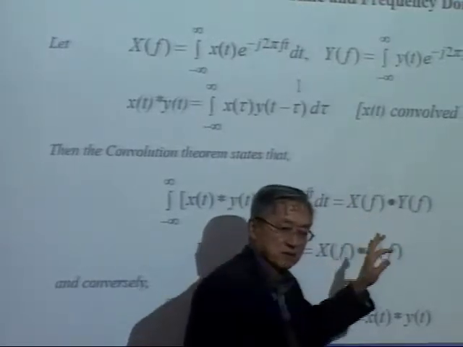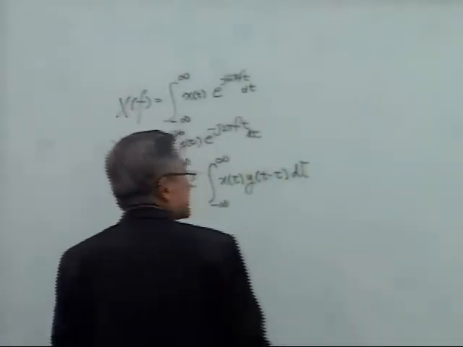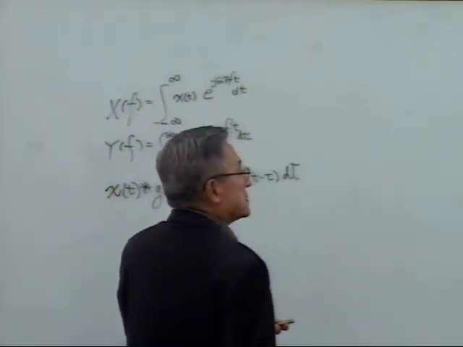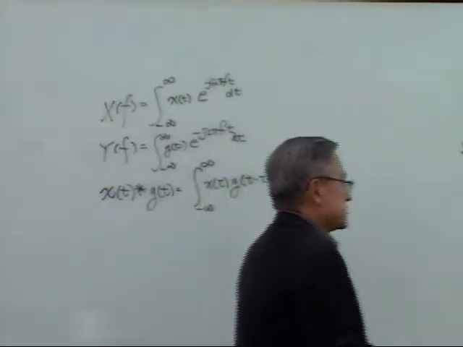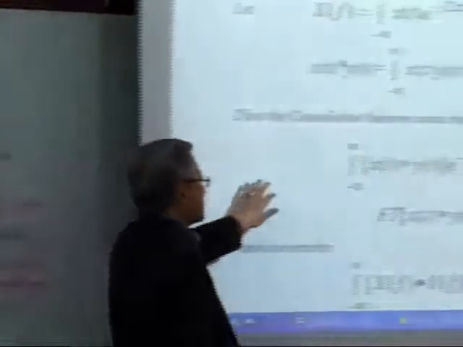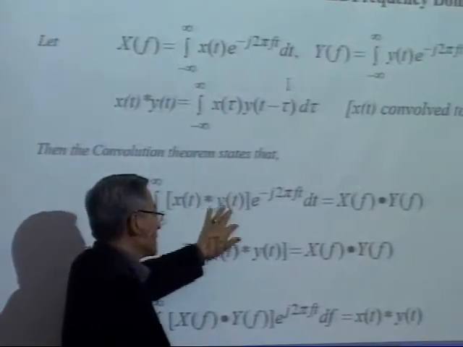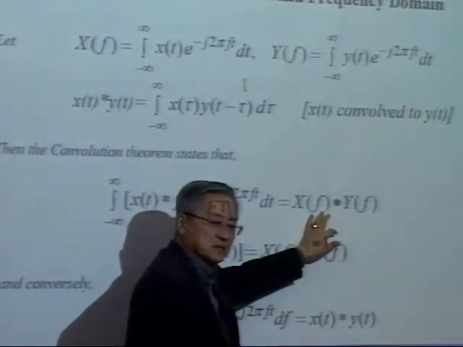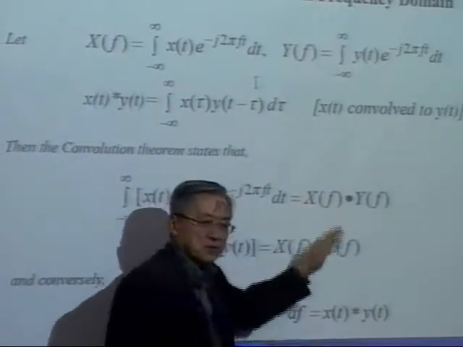This is the convolution theorem. So, the Fourier transform of the convolution of x and y becomes multiplication in the frequency domain. One domain and the other domain.